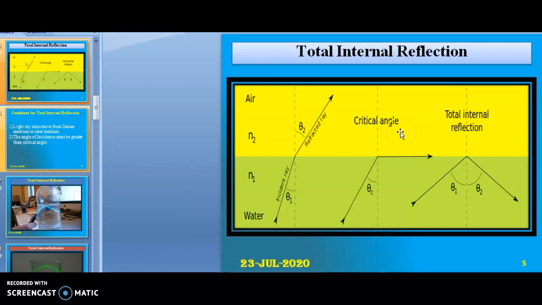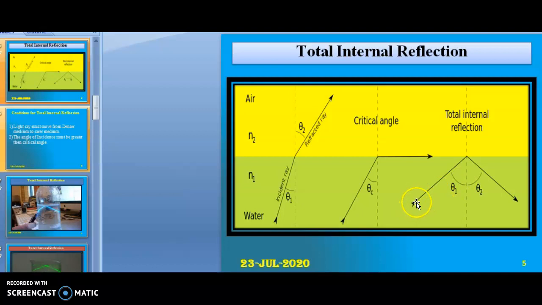If the angle of refraction in the rarer medium is 90 degrees, the angle of incidence in the denser medium is called critical angle, represented by the letter C. Here it is represented as theta C. C stands for critical.